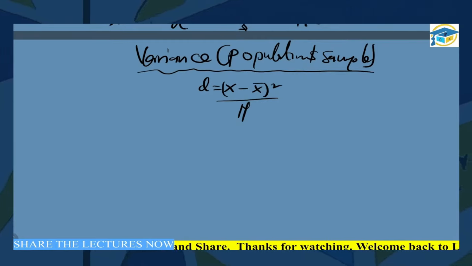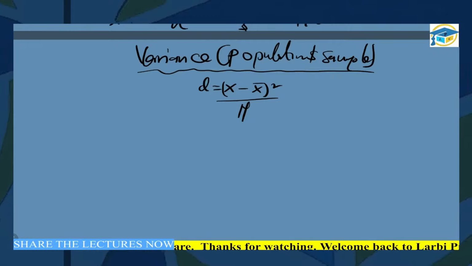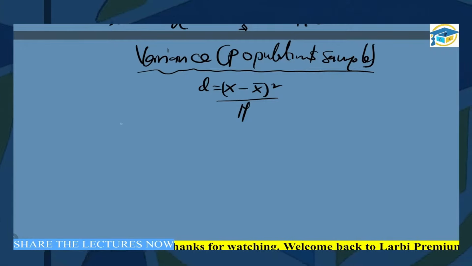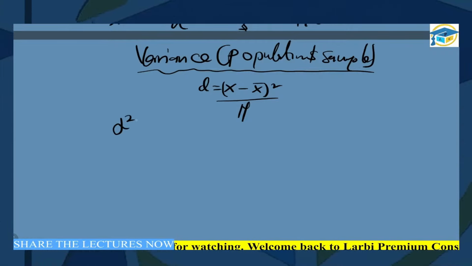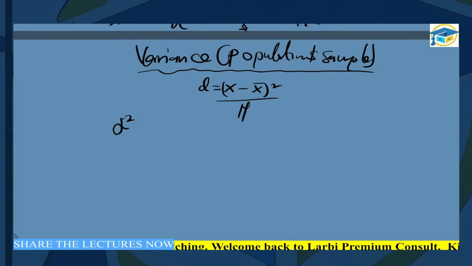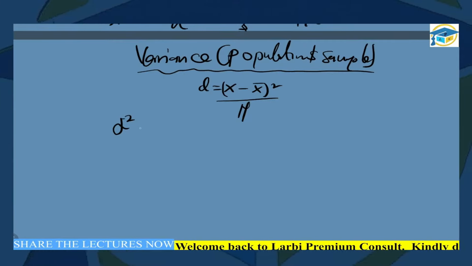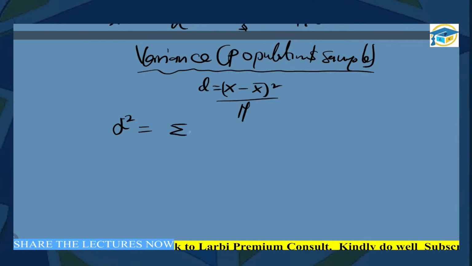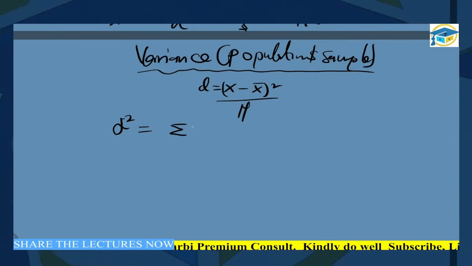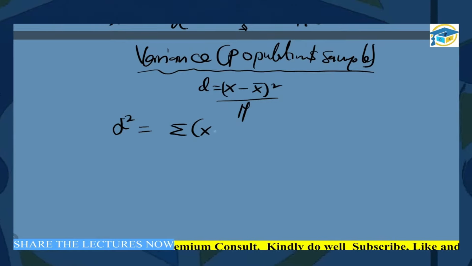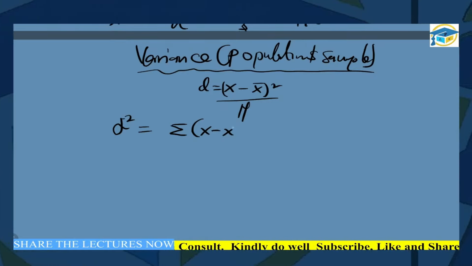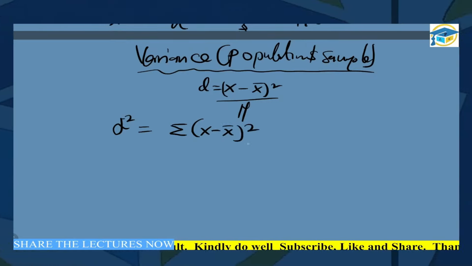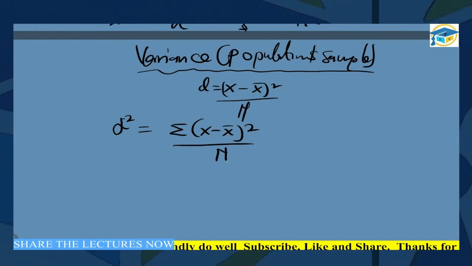So in a proper way, to calculate the variance for population, with a formula and a symbol, this should be equal to the summation of the square deviation, and then divide by the number of counts.